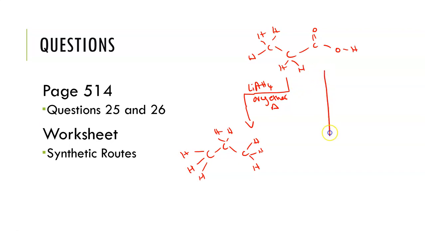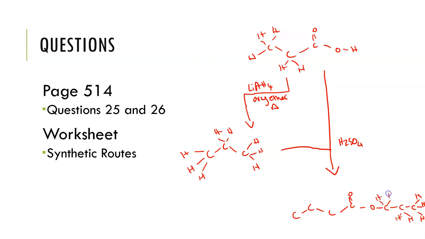Then we would take another portion of the acid, reacting it with that propanol in the presence of H2SO4 as a catalyst to produce our ester. So this is using the different reactions that we have up our sleeve to put together a pathway on how we could make this molecule, our propylpropanoate, just from the one carboxylic acid.